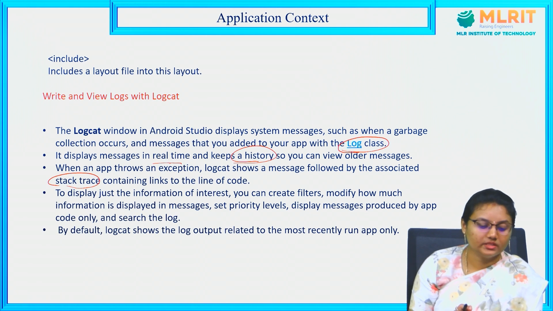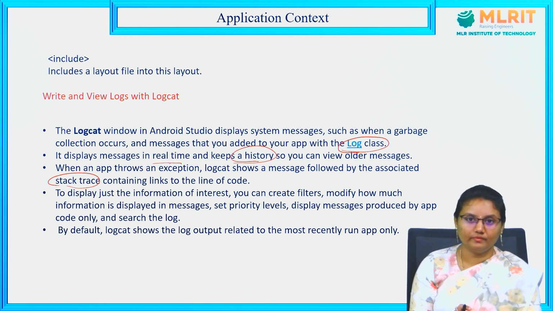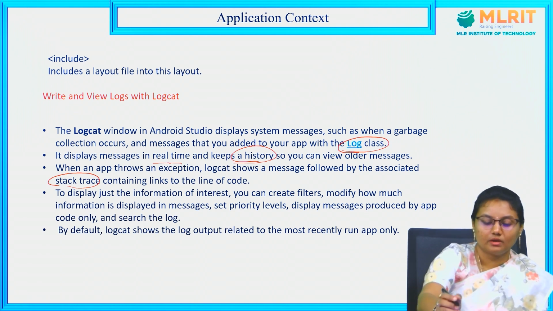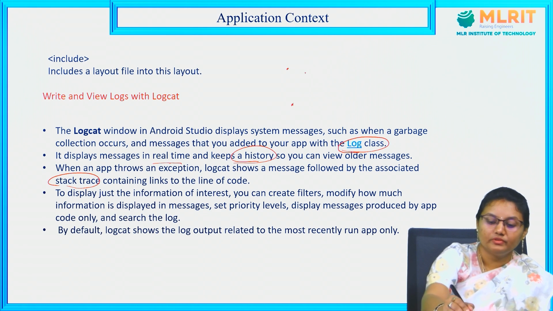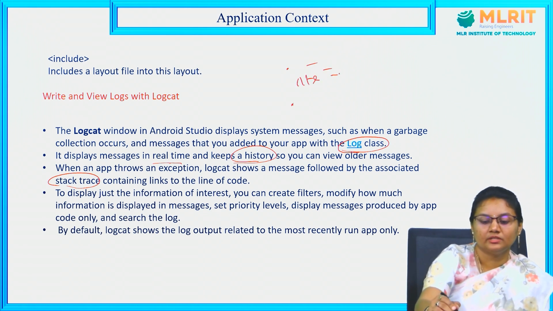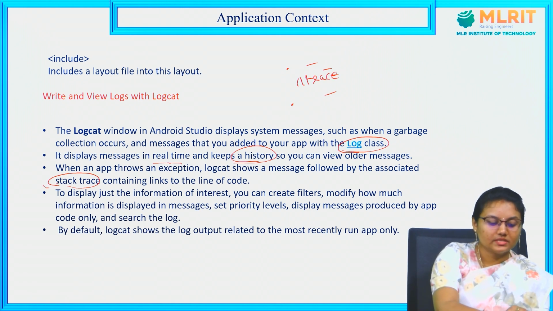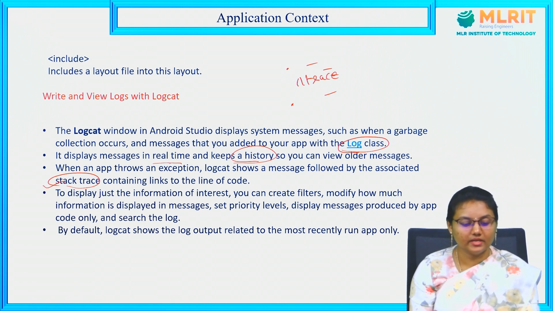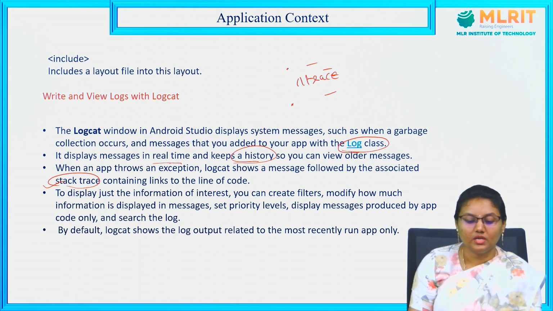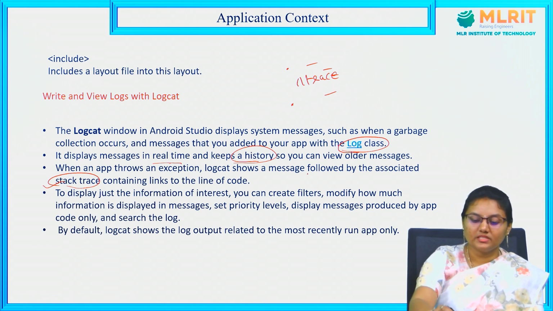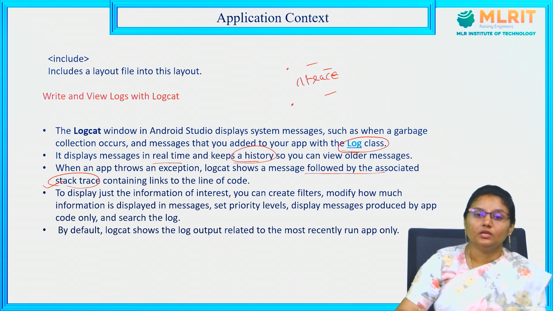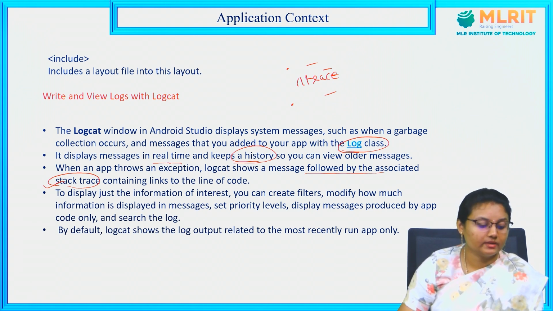It contains links to the lines of code, like a debugger where you give checkpoints and between the checkpoints you can trace what is happening. Different lines of code are there, you can trace them. So that's the stack trace containing links to the lines of code. Logcat shows a message followed by the associated stack trace.